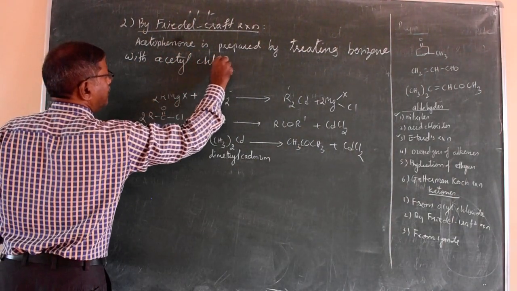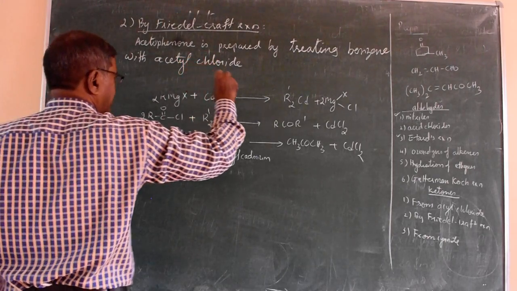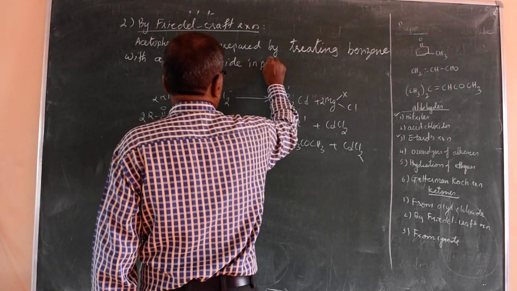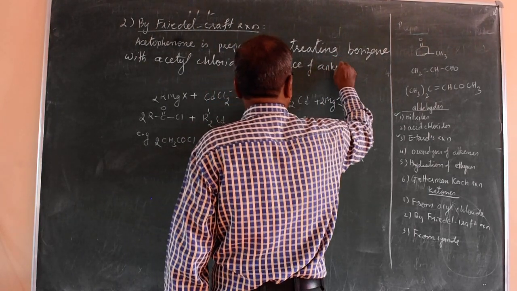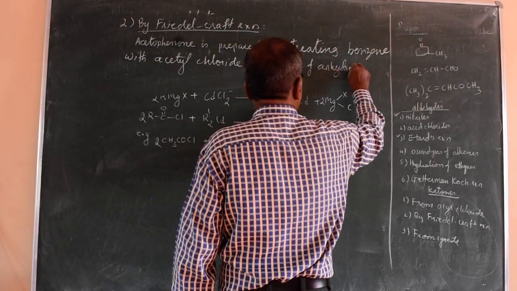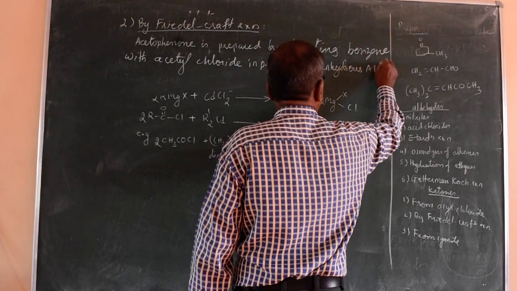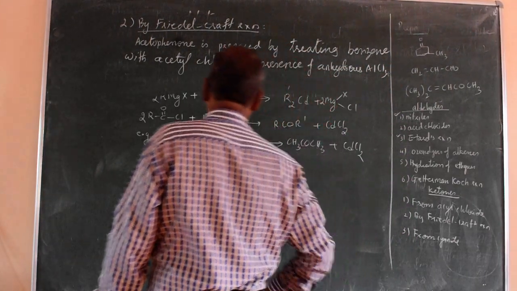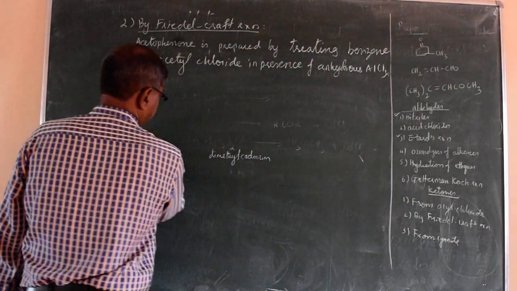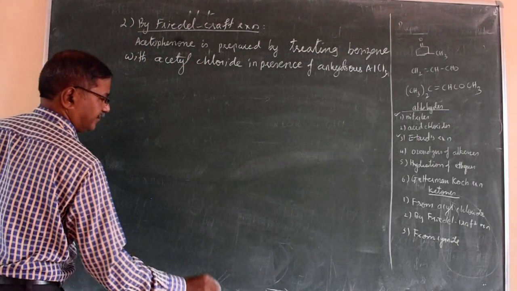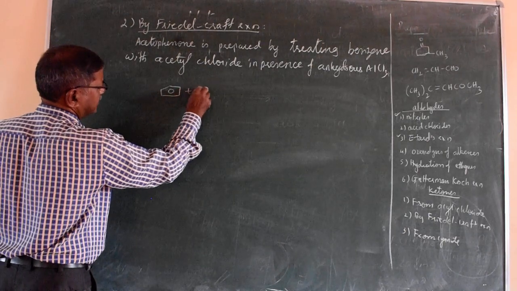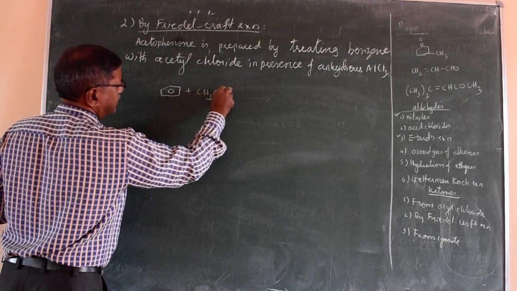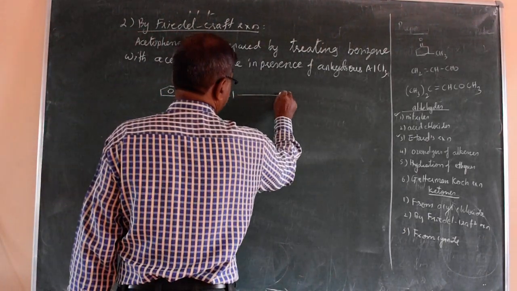in presence of AlCl3, anhydrous AlCl3. So the equation is benzene plus acetyl chloride. The equation is very simple. Benzene ring and acetyl chloride in presence of AlCl3.